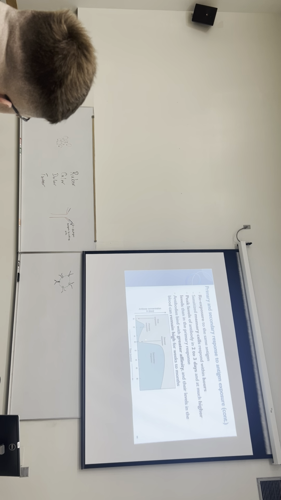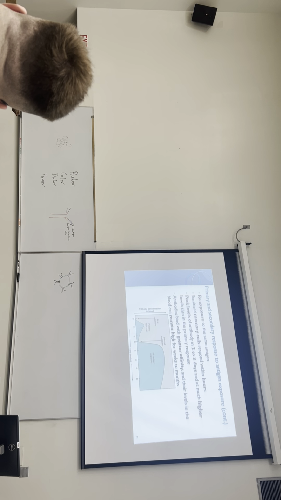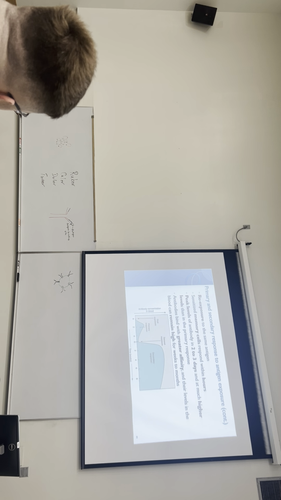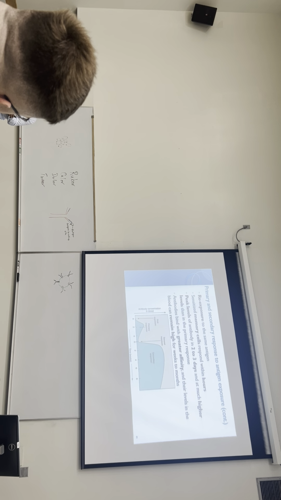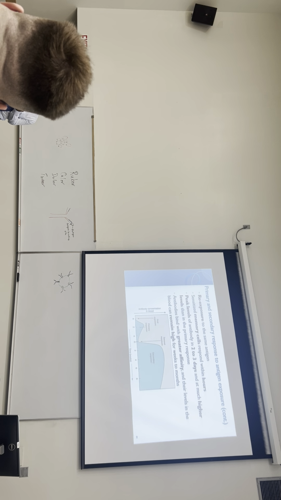Another thing is it stays for longer. Here it's pretty much died down in 4 weeks. Here, 8 weeks and still the antibody concentration is high. Another thing we can show in this graph, it also has a higher affinity to bind to those antigens. Like, oh, I know this antigen, let me find it.